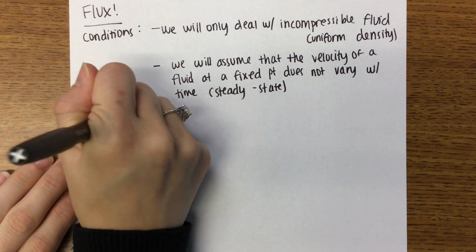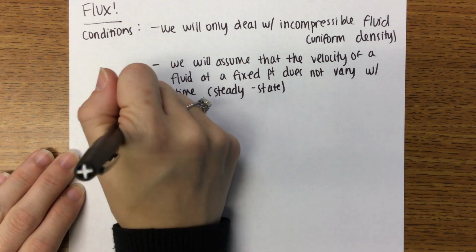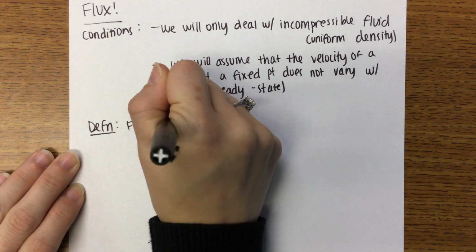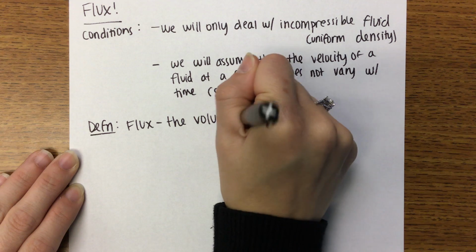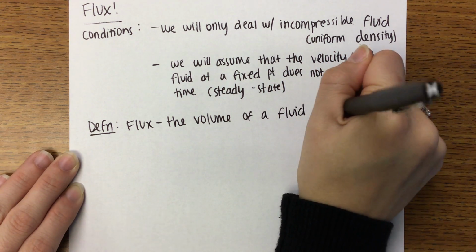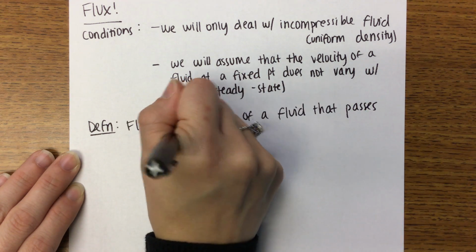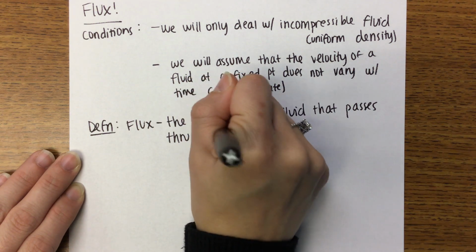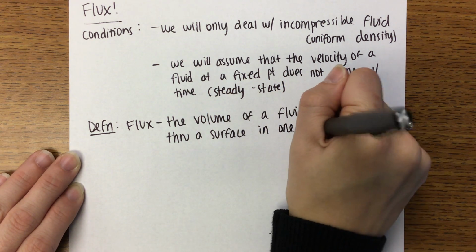Okay, now we can talk about the definition of flux and how to calculate it. Flux is the volume of a fluid that passes through a surface in 1 unit of time.